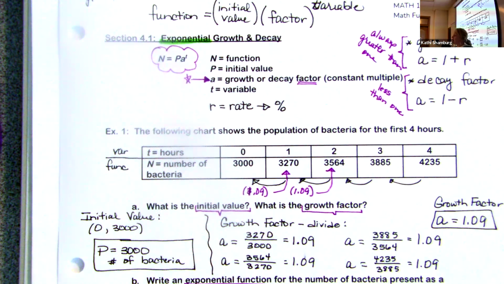All right. Now in linear, we had an average rate of change. For exponential, what do we have? Here's your hint. It's A. Slope was linear, which is average rate of change.